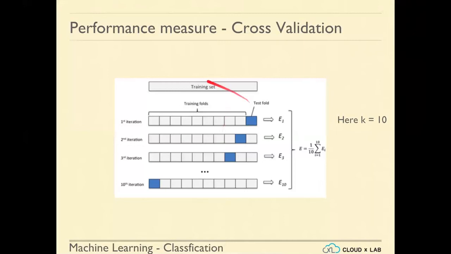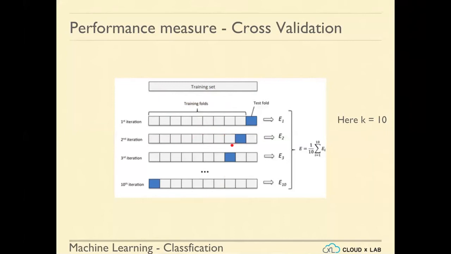All we do is take the training set, shuffle it, and then cut it into 10 parts. We pick the first one and keep it for testing, then the second one, and so on. We don't shuffle between these iterations, we shuffle just before them, so that the same test fold doesn't appear again.